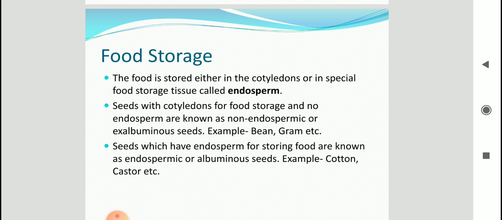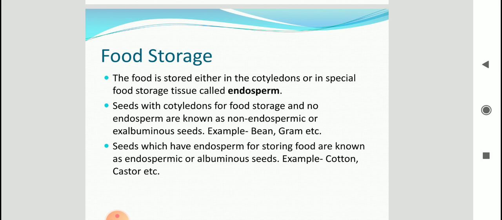So what are exalbuminous seeds? Seeds which have cotyledons for food storage. They do not have any endosperm. Examples are given: bean, gram, etc. Then we will find some plants which have seeds which have endosperm for storing food, and they are known as endospermic or albuminous seeds. Example: cotton, castor, etc.